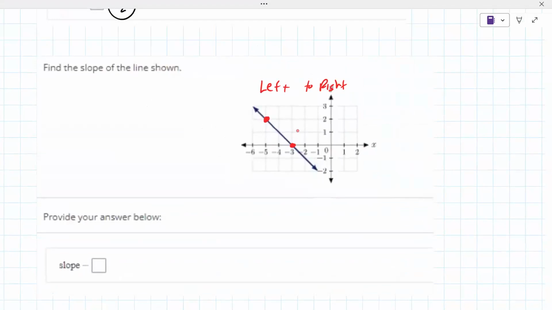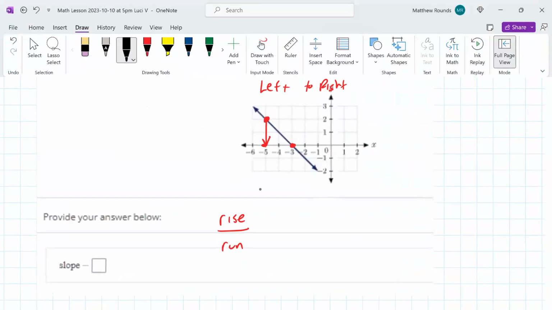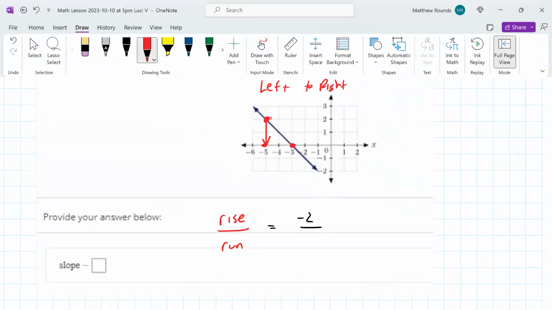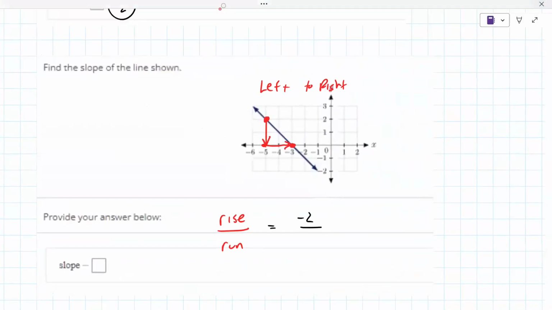So this time you're going down. How many down are you going in this case? 2. So whenever you go down, down means negative. The right number is always positive. So how many right are you going in this case? 3.